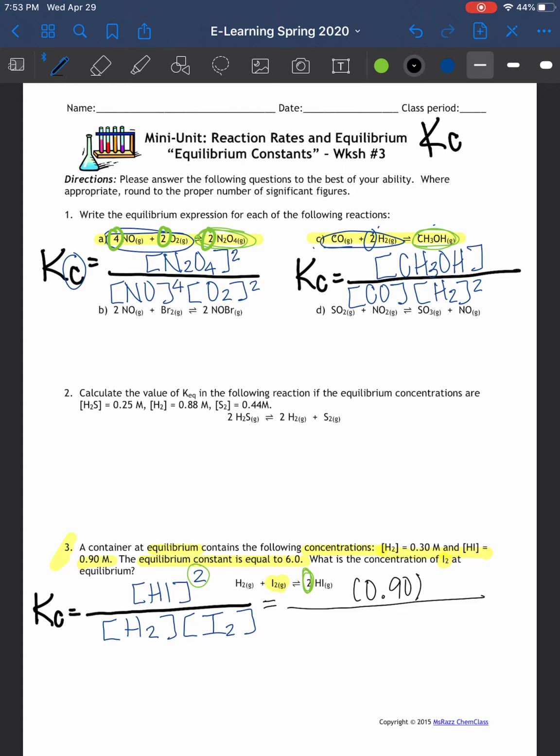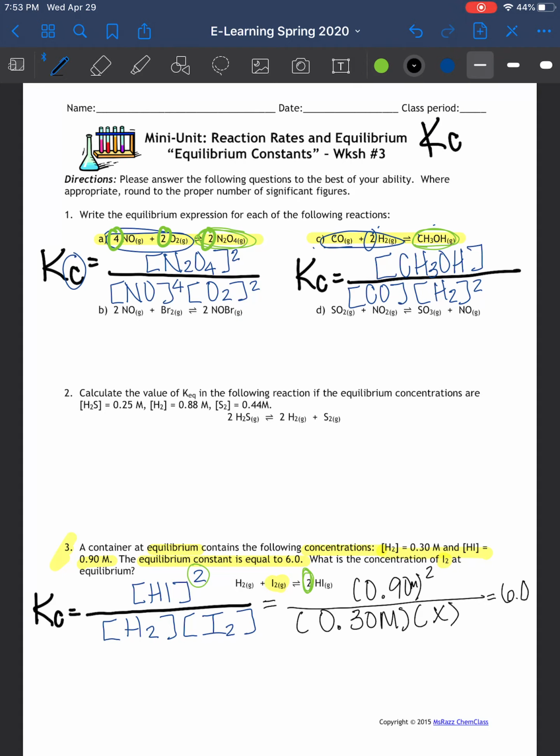Okay, 0.90 squared times, I need to include the little M, molar, times [H2], which has a concentration of 0.30 molar, times the concentration of I2, which I do not know, so it is just going to be replaced with an x.